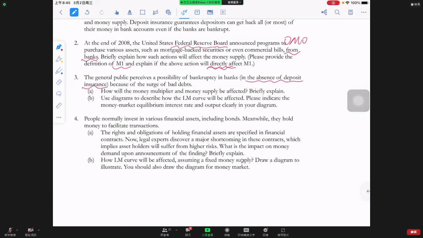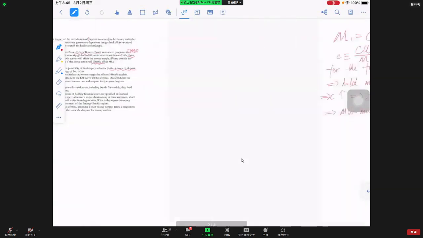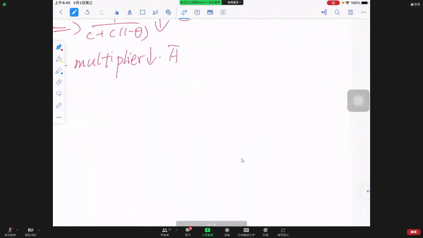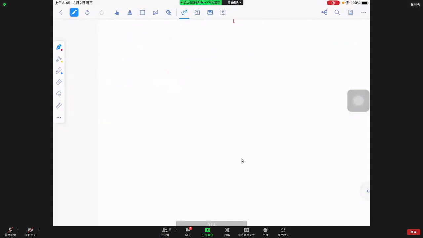And then question B: use diagrams to describe how the LM curve will be affected. Please indicate the money market equilibrium interest rate and output clearly in your diagram. So first, let's recall what an LM curve is. The LM curve is the relationship between output Y and interest rate I, right?